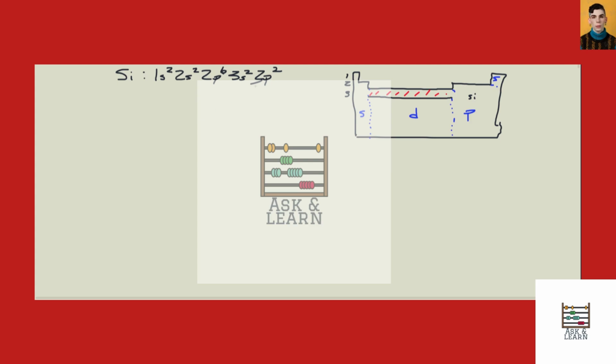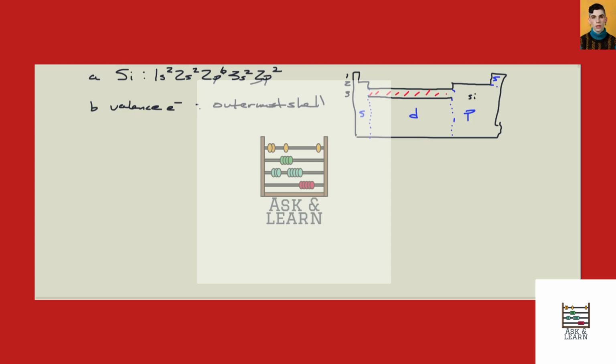All right, so now the question is, how many valence electrons are there? So valence electrons are in the outermost shell. So in electron configuration, the big number, the 1, the 2, the 3, that's the shell.